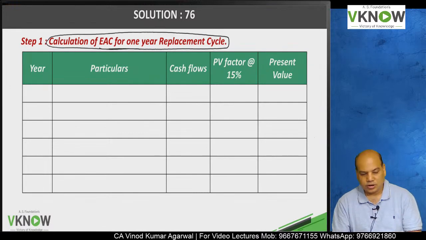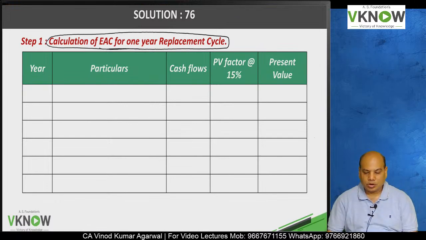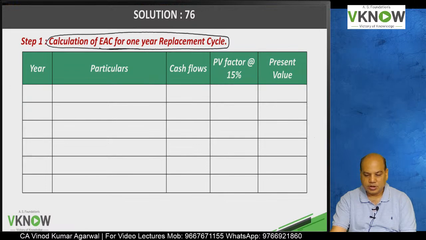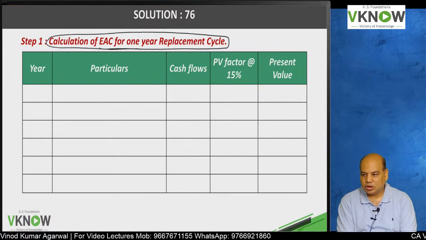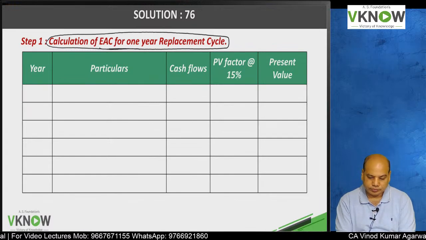Calculation of EAC for 1 year replacement cycle. The table will be the same every time: Year, particulars, cash flow, PV factor at 15%, PV.